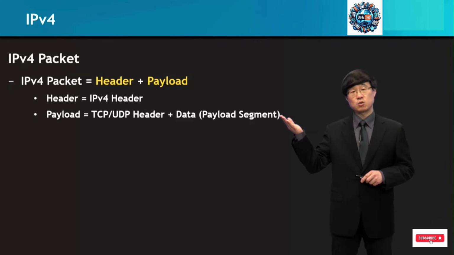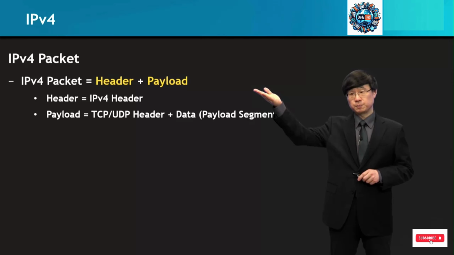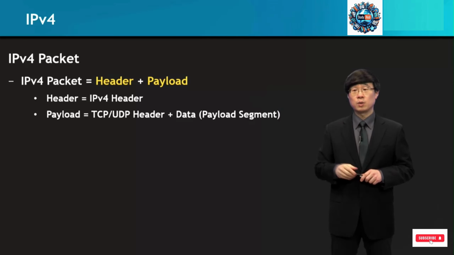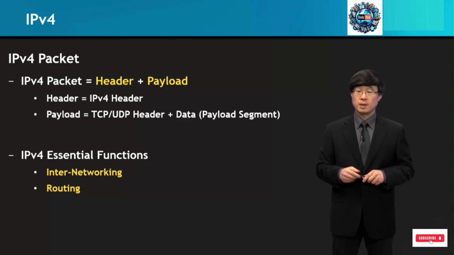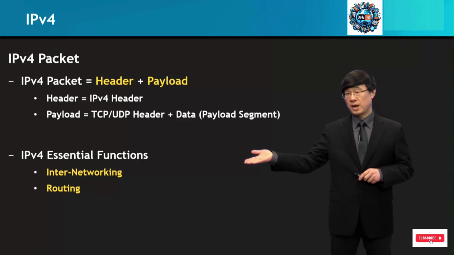Looking into the packet structure of IPv4, there is a header and a payload. The payload part will include a TCP or UDP header, and also the data part, which is the payload segment. The essential functions of IPv4 are internetworking and routing.